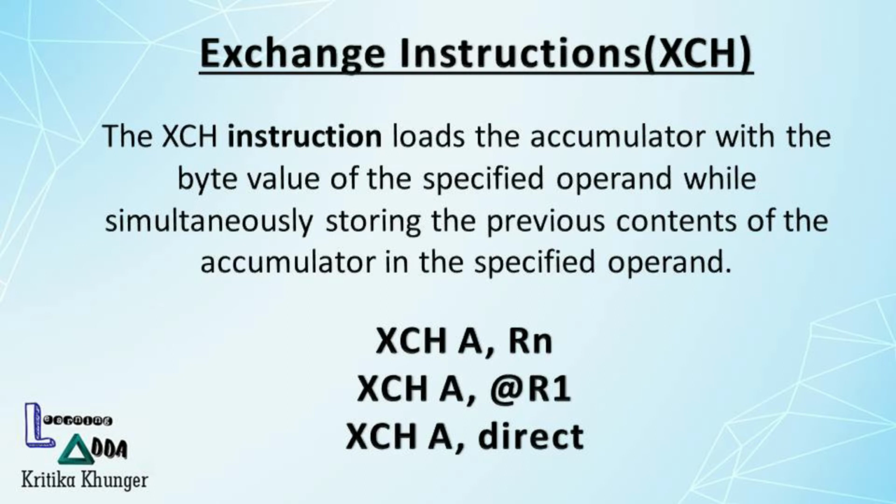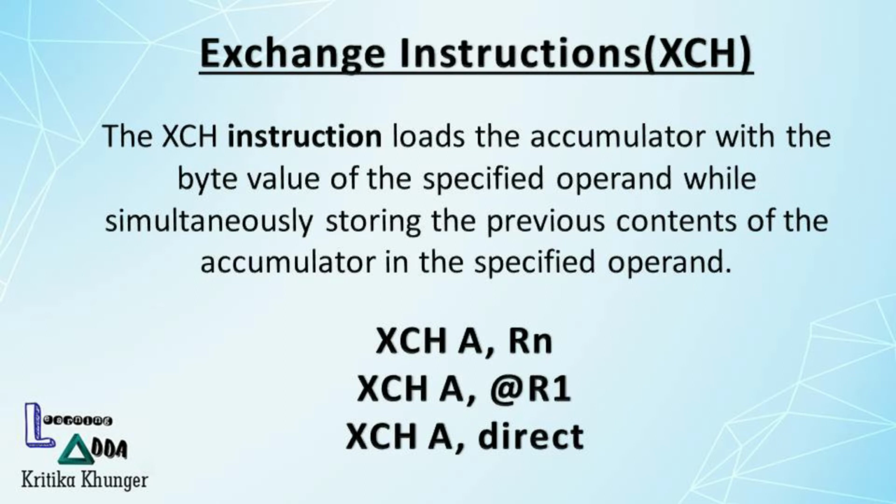Here are some examples of the exchange instruction. As I have already told you, we always use the accumulator as destination, but for source we use three things: register, indirect memory and direct addressing. The first example is of register. We are exchanging the content of register Rn, any register from 0 to 7, with the accumulator.